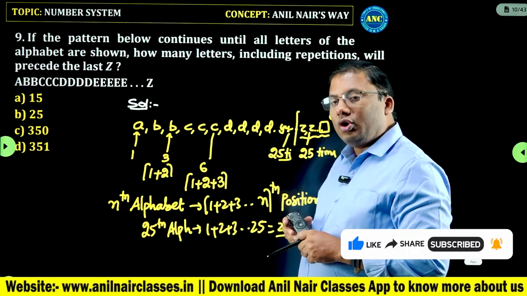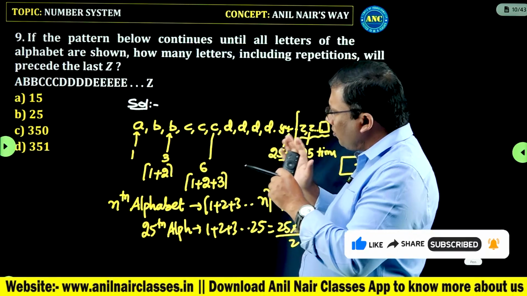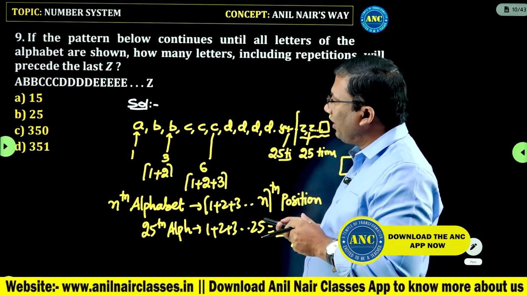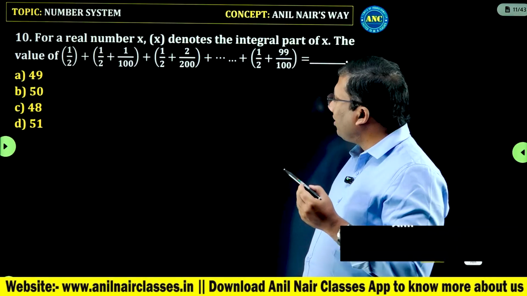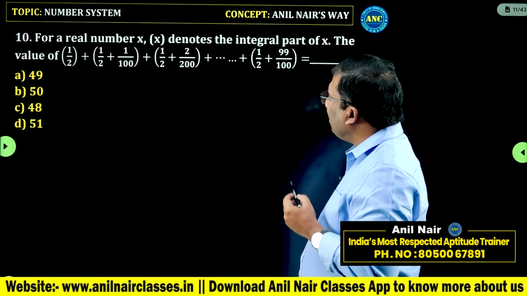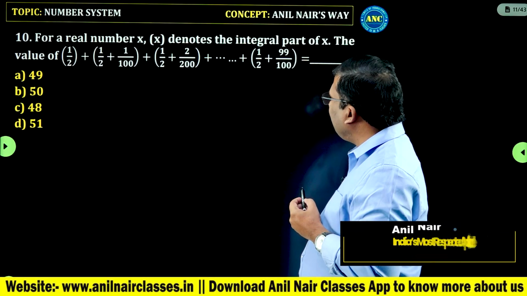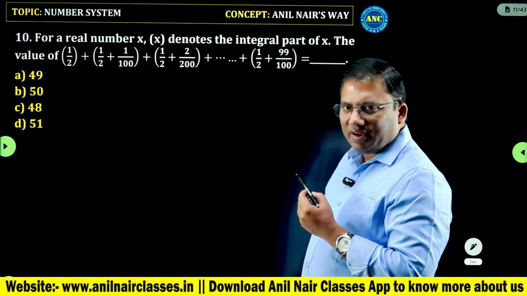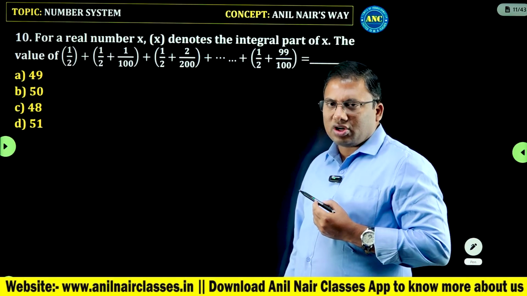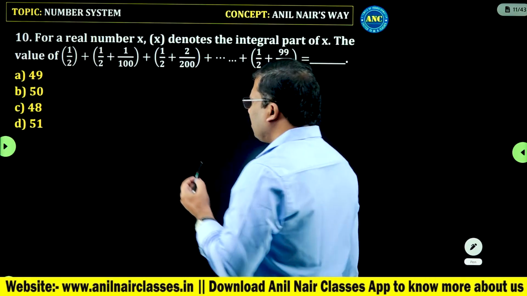Very, very good questions. This same kind of question came in the CAT previous year questions. Now, for a real number x, this bracket denotes the greatest integral part of x. What will be the value? A similar kind of question also came in the management examination.